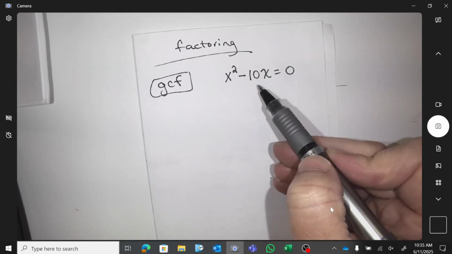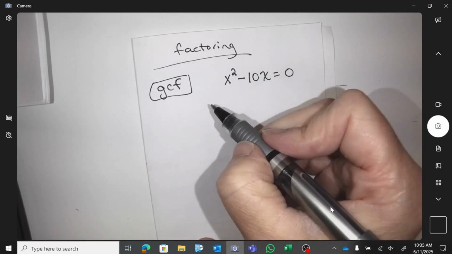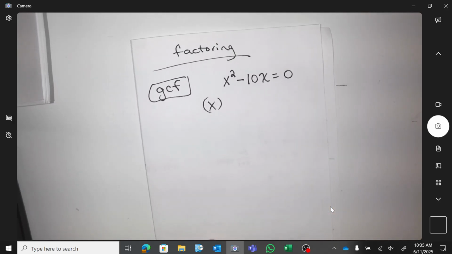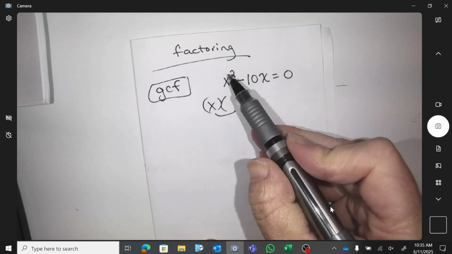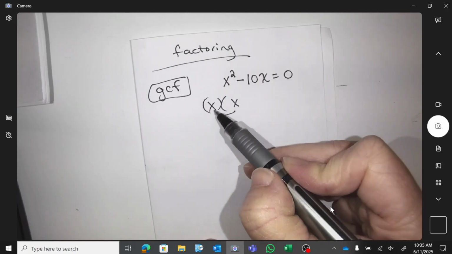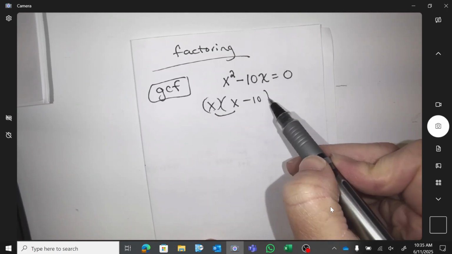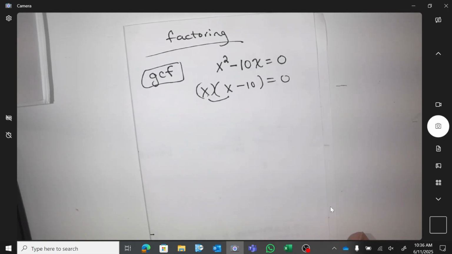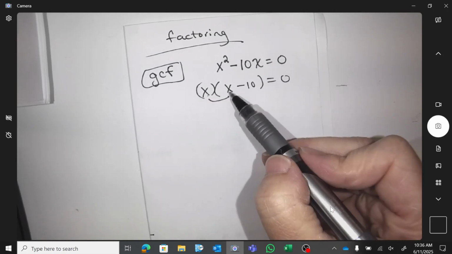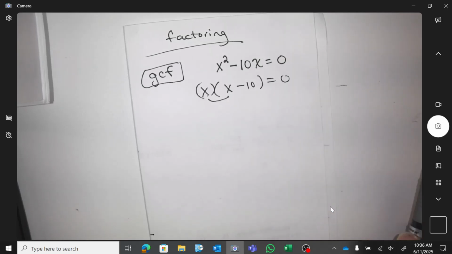So what do they both contain? X. Okay, now I'm going to go X times what? Does this make sense? This is x squared, and this makes negative 10x. Factoring and foiling it out are the opposite things, so you can kind of go back and forth.